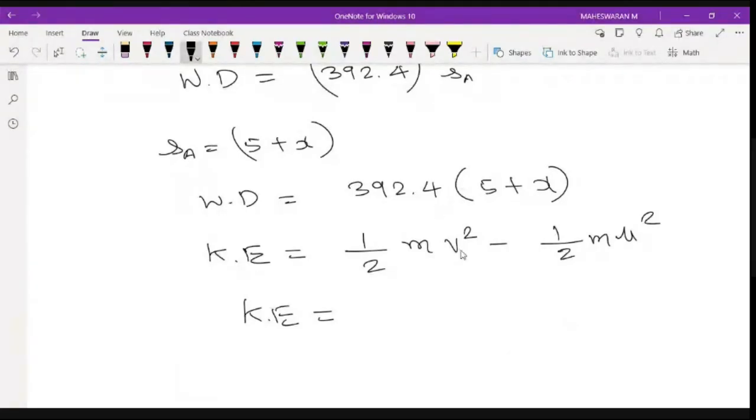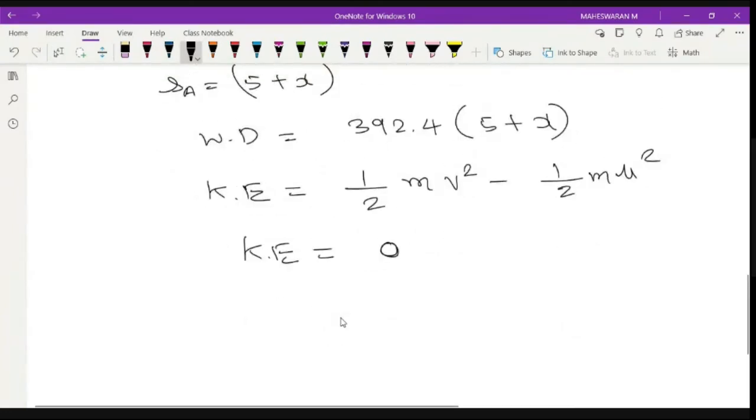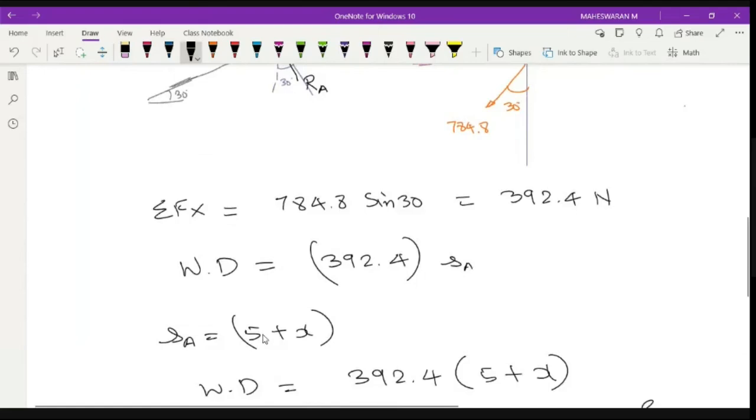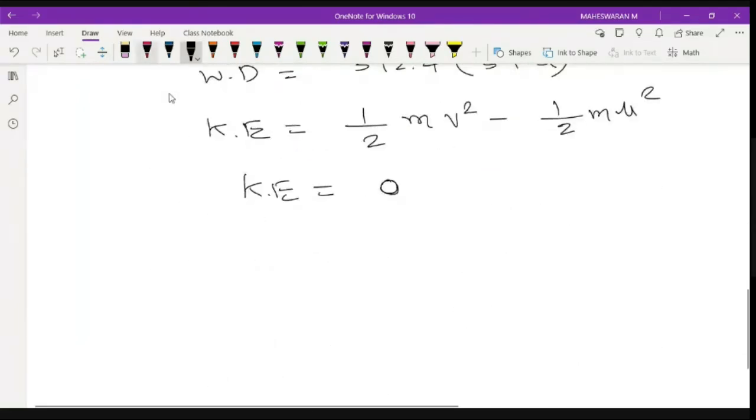So final velocity and initial velocity both are zero, which means my kinetic energy is zero here. This is my first part, only for the block. You should not directly put work done equal to kinetic energy here, because you have the spring also. You concentrate on the spring. Next I am going for the spring.